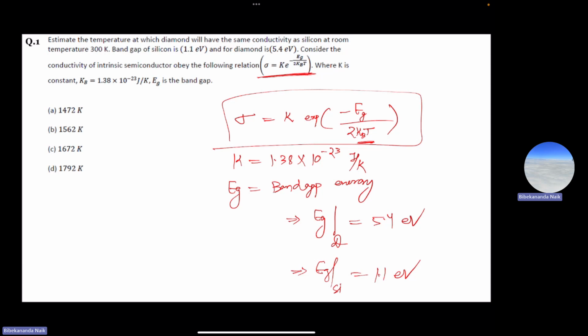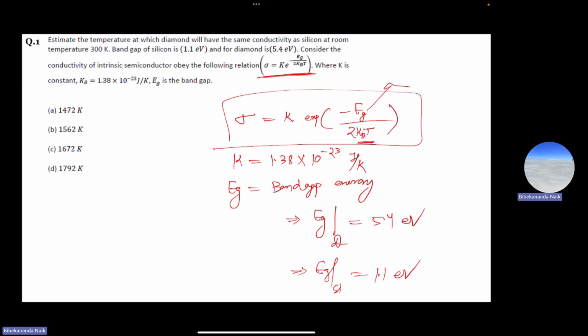In order to make the two conductivities equal, you see it also depends upon the band gap. So with increase in band gap, the conductivity decreases. So the conductivity diamond has at room temperature is less compared to silicon, because silicon has a band gap energy of 1.1 electron volt, but diamond has 5.4 electron volt, which is roughly 5 times.